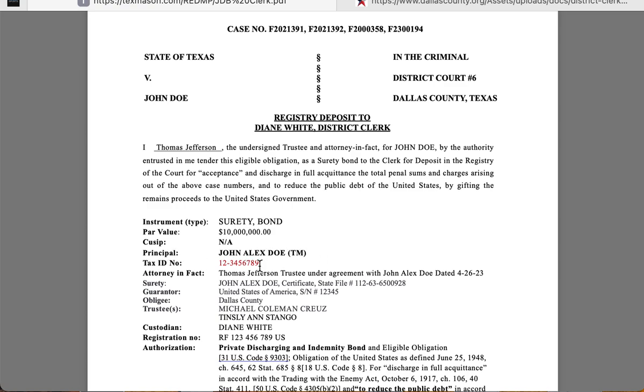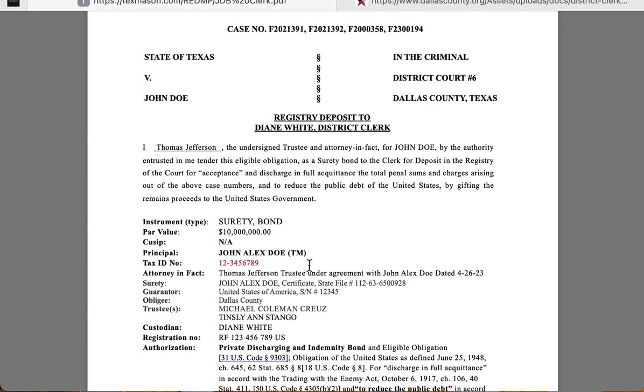The tax ID number. Remember, you're bringing an equitable remedy on behalf of a surety who's in an individual capacity. They're using his social. So once you establish the trust and you issue the certification of trust, your colleague who you've appointed as trustee can contact the IRS and apply for a tax ID number for that trust. And then you can put that tax ID number here, right?